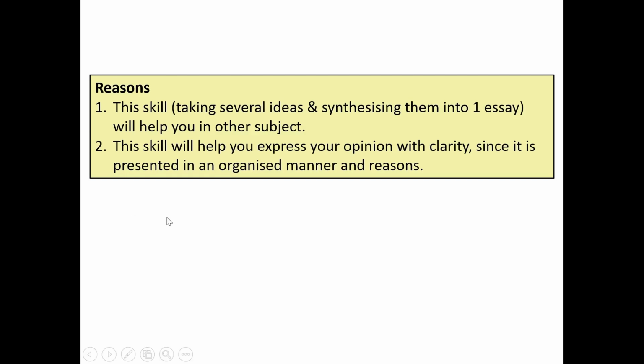Number two, this skill will help you express your opinion with clarity since it is presented in an organized manner and reasons. Okay, a lot of people out there struggle to get their messages across. Okay, this might lead to some misunderstanding or conflict. A lot of conflict or violence out there could be generated because people feel frustrated.